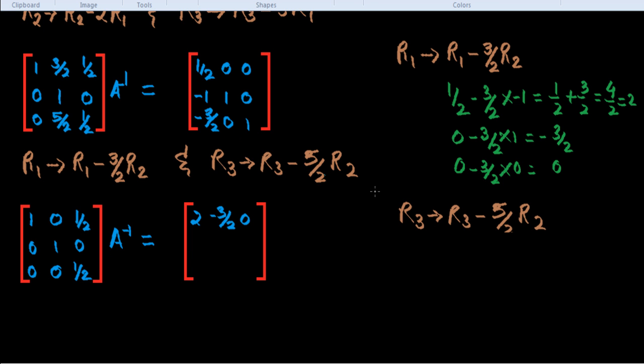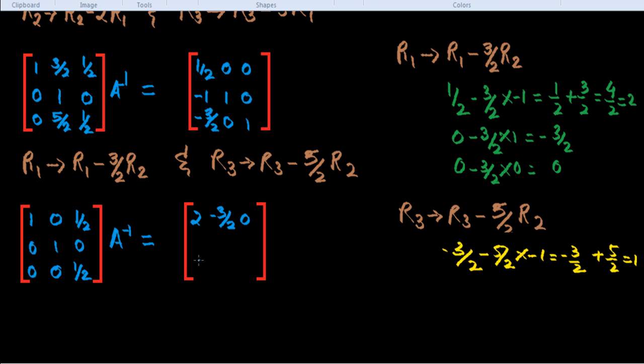In the third row, we see R3 minus 5 by 2 R2. So R3 is minus 3 by 2, it is minus 3 by 2 minus 5 by 2 and R2 is minus 1. So we get here minus 3 by 2 plus 5 by 2. It is 2 by 2 which will become 1. So it is 1 now.